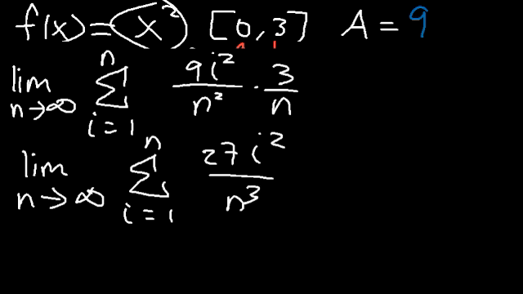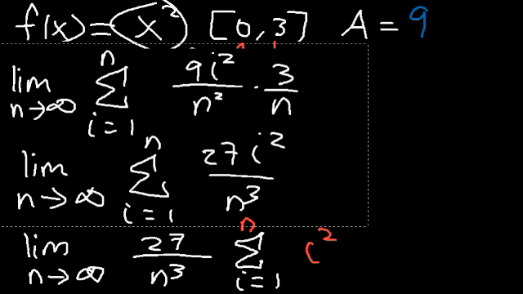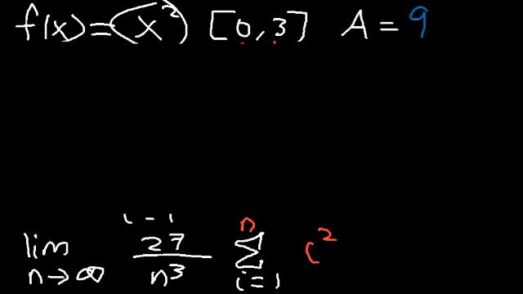Now what I'm going to do is separate the i squared from 27 over n to the third. So this is the limit as n approaches infinity, 27 over n to the third, sigma i squared. Now remember, there's a formula for the sigma i squared term.